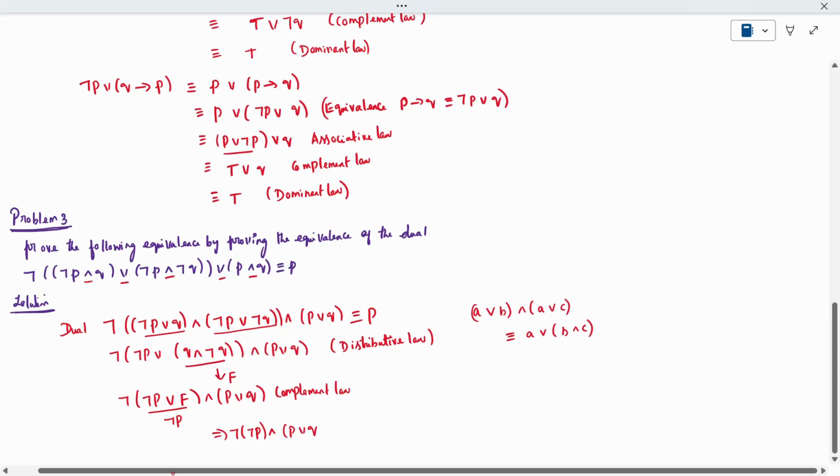Identity law. Okay, completed. Next, negation negation means only P. P disjunction P disjunction Q is nothing but P, the same P itself. It is called the absorption law. So we have completed.